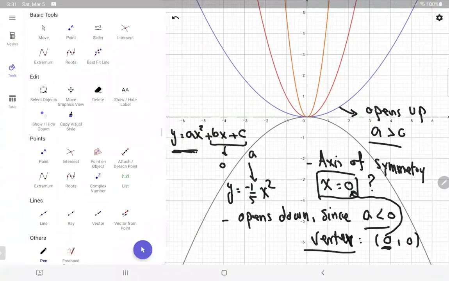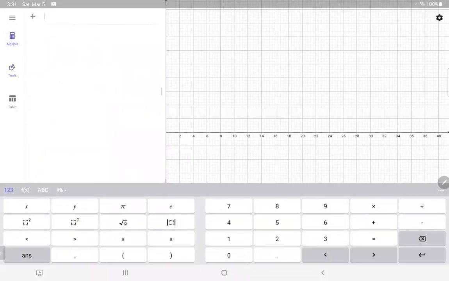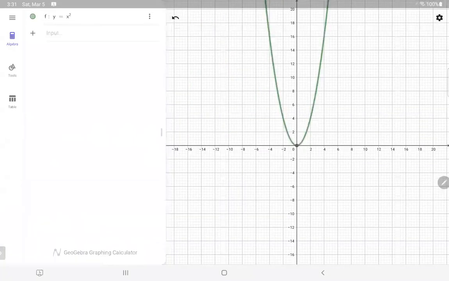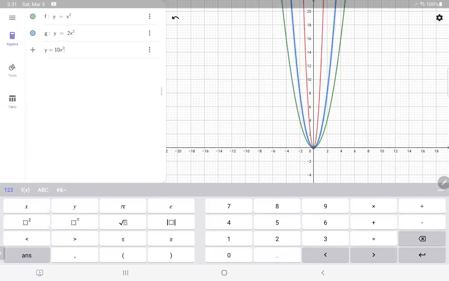We can try it anyway. Let's clear this. Let's try many of these guys. So our standard guy is this. The coefficient is 1, right? So let's take something else. Let's take 2 times x squared. You see that? It's slimmer. Let's take y equals 10 x squared. Thinner.